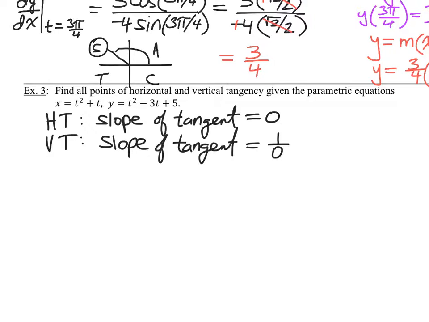The issue is that there's a little bit more to it than that because you have limits involved. The limit as you approach the point of tangency from the left and from the right should be approaching the same kind of infinity if you're looking at a vertical tangent. Opposite infinities if you're looking for a cusp or something like that. But we can work around that.